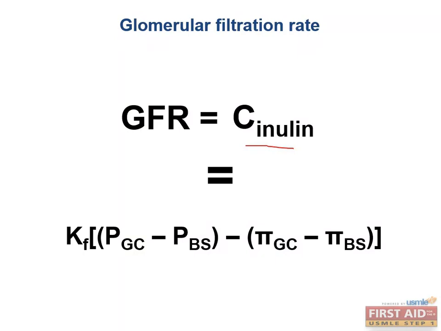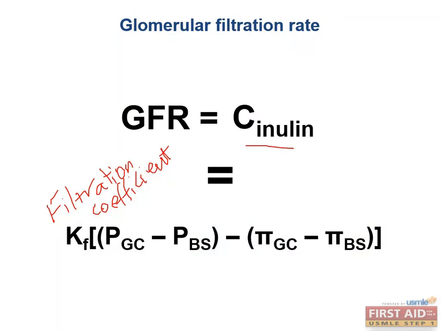In the bottom equation that you see here on the screen, Kf is the filtration coefficient. So what does that mean? The filtration coefficient is basically dependent upon the resistance to fluid flow through the filtration barrier of the glomerulus. A higher Kf means less resistance, which would increase GFR.